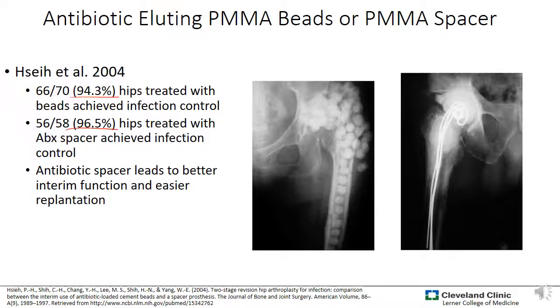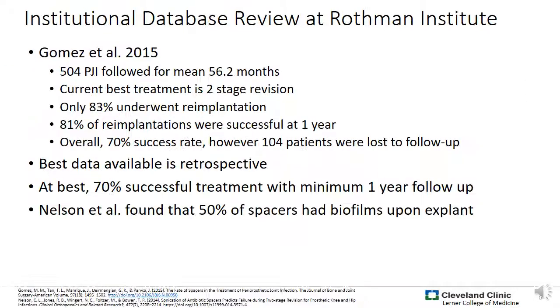They also found that the spacer leads to better interim function and easier reimplantation due to the preserved lengths of the soft tissues. However, as we progressed forward with using this treatment of explant and implantation of the antibiotic-loaded cement, we seem to have found that it doesn't necessarily work as well as was initially reported.